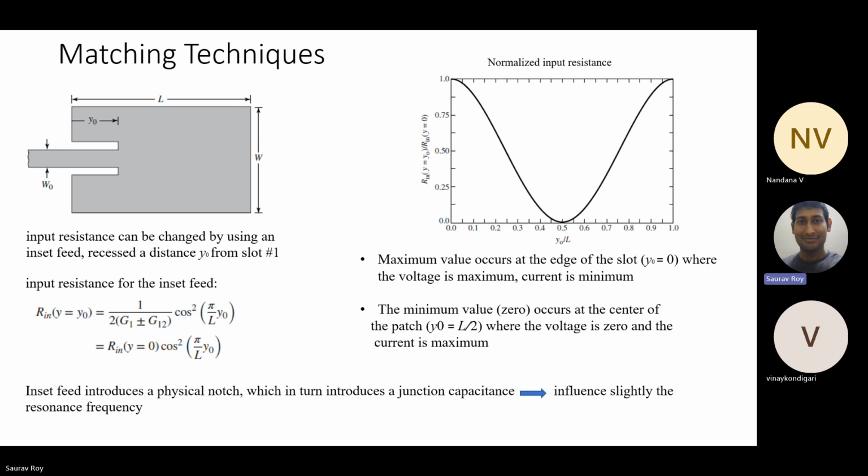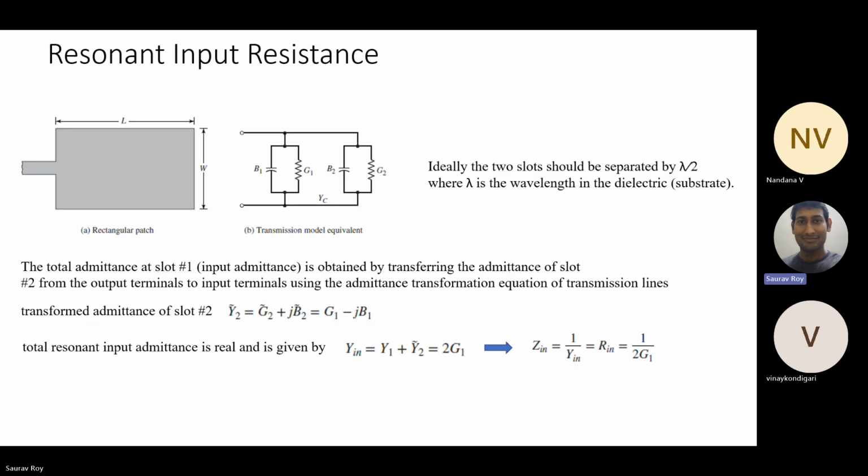So the formula here says the input resistance, we calculated Zin equals 1 by Yin, so 1 by 2G1. G1 comes from the first radiating slot and the second radiating slot together.